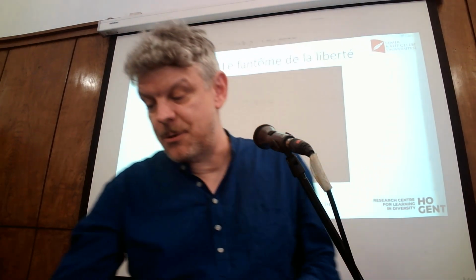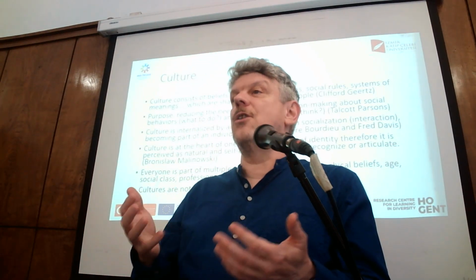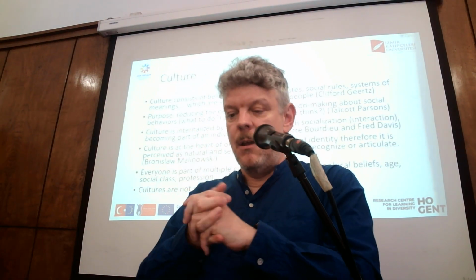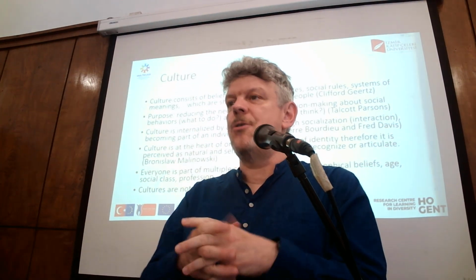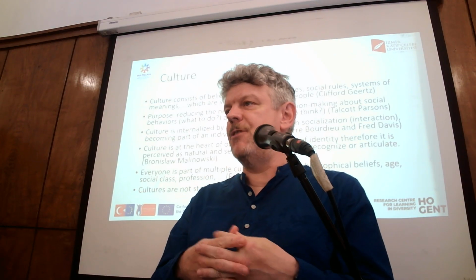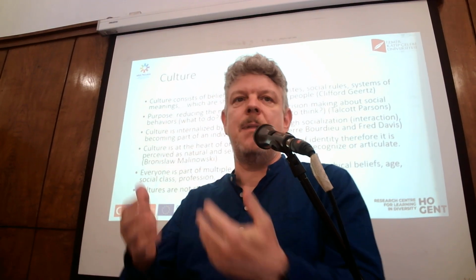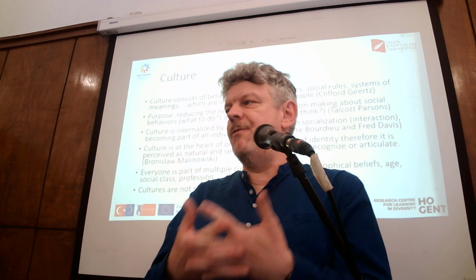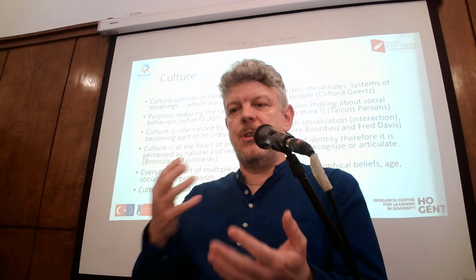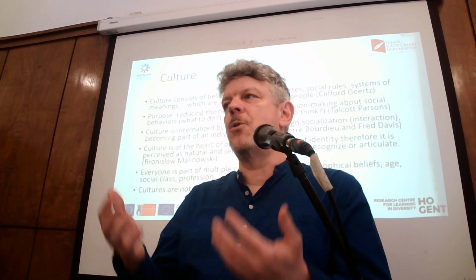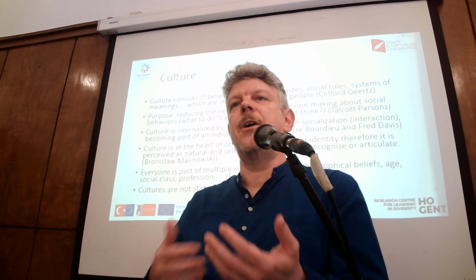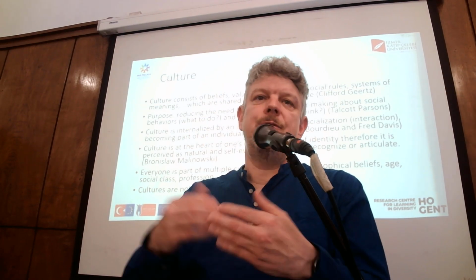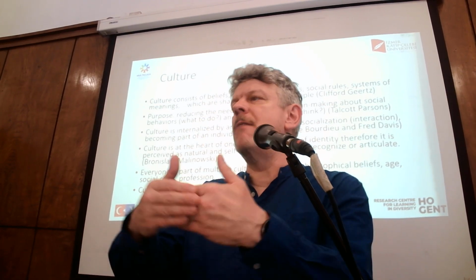And the answer, of course, is culture. Culture consists of different beliefs, that is, ideas about how the world works, different values, which are things we think are important for guiding our actions, different norms, which are kind of boundaries.